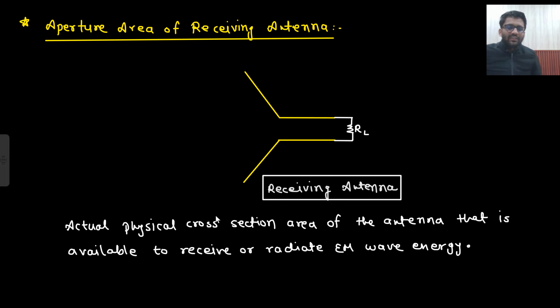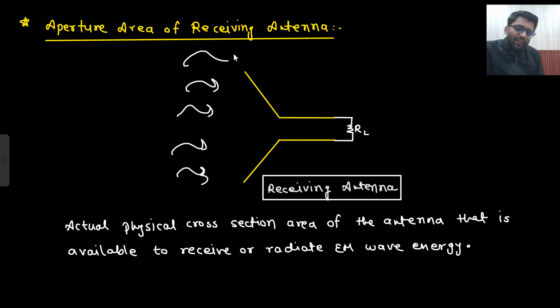Now what is the job of the receiving antenna? To take the EM wave energy. From some transmitting antenna, some EM wave energy would be coming. Now some EM wave energy can pass like this as well. This antenna has an area, and these are the arms of the antenna. So the antenna can take only the EM wave in this direction.